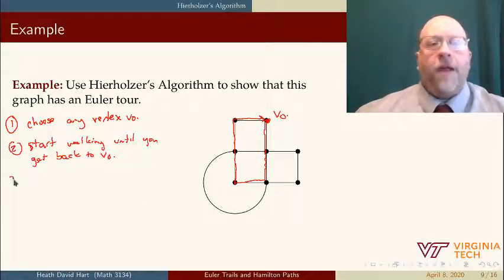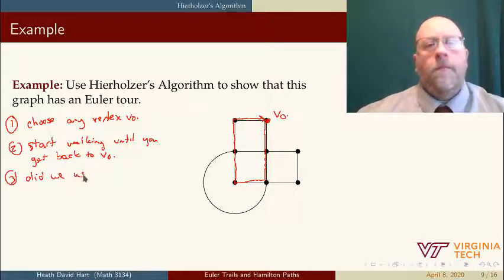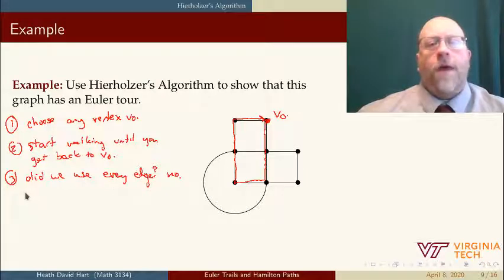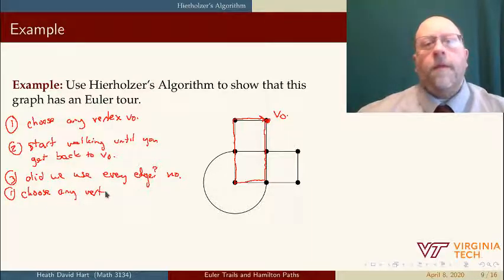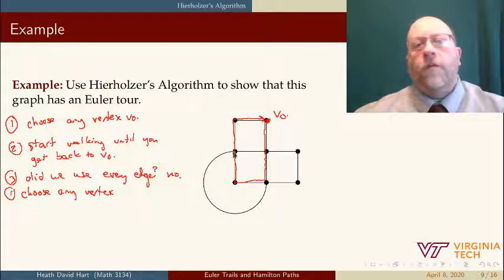Did we use every edge? The answer is no. So what we'll do now is choose any vertex which includes some edges that we used and some edges that we didn't use.